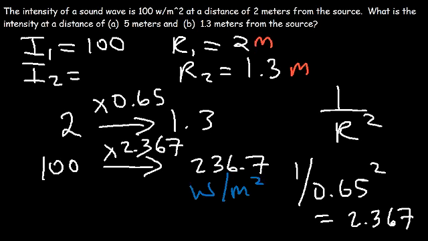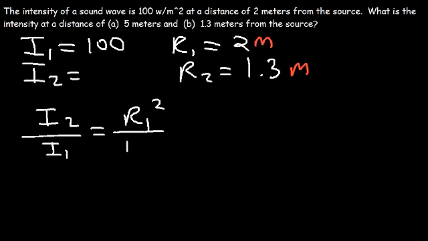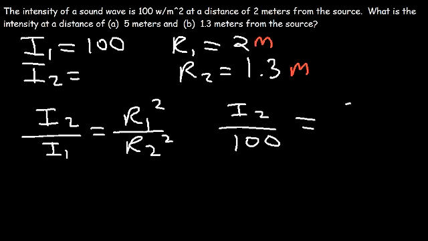But let's use the formula to confirm that answer. So I2 divided by I1 is equal to R1 squared divided by R2 squared. So I1 is 100, R1 is 2, R2 is 1.3. So let's cross multiply. 1.3 squared is about 1.69.